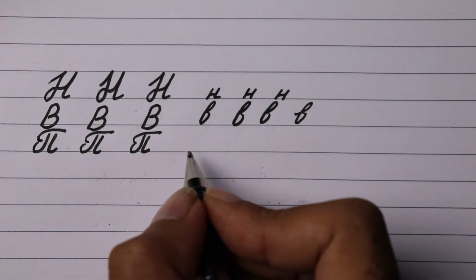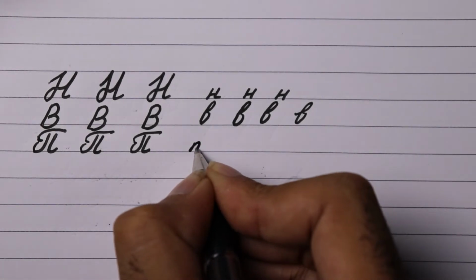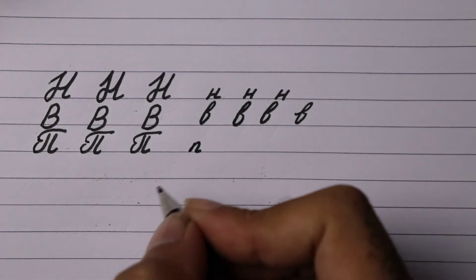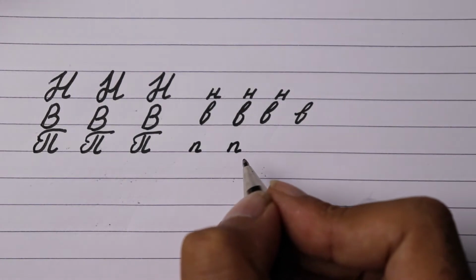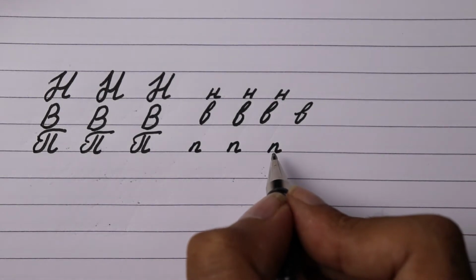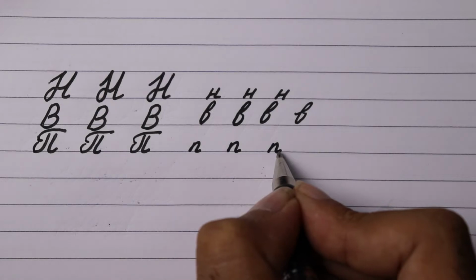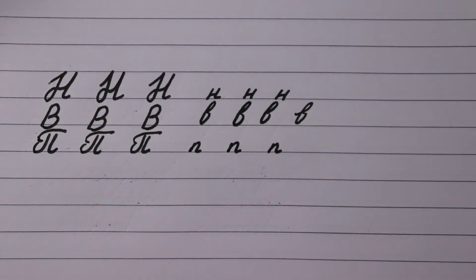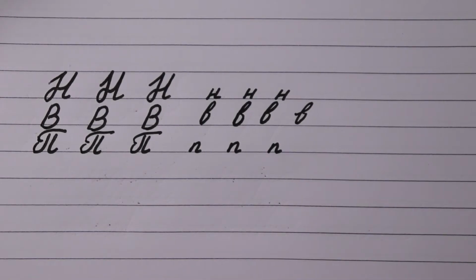And now watch me closely as I do the lowercase. Like this. One more time. If you have noticed this nice little tail to connect it with the next letter, the lowercase of letter P, we need to keep it separate from the English alphabet.